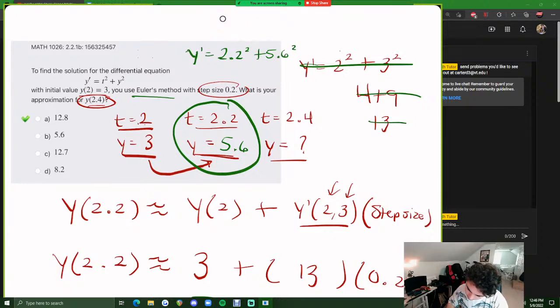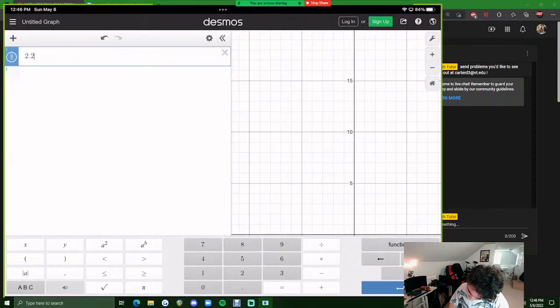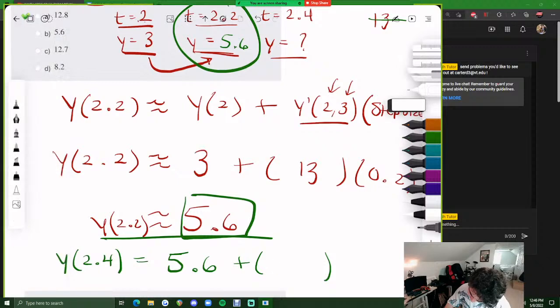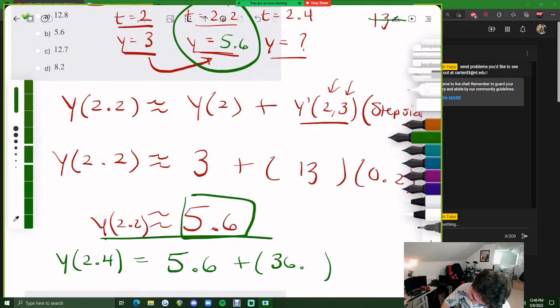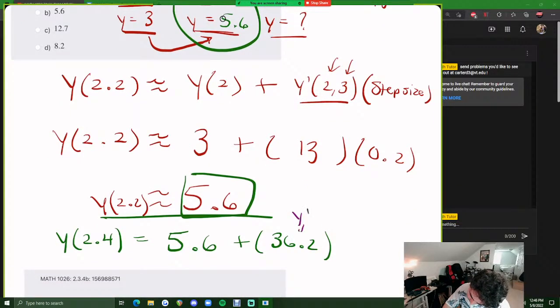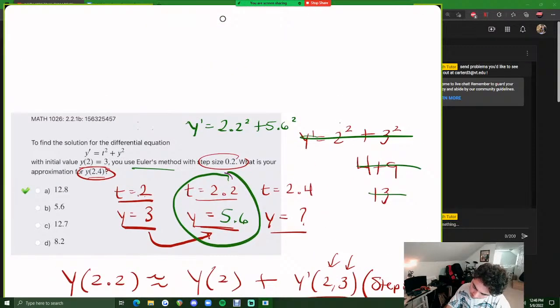So 2.2 squared plus 5.6 squared gives us 36.2. And so again, to get this y prime value, here we plugged in the previous values, t and y, to calculate this next value, right?